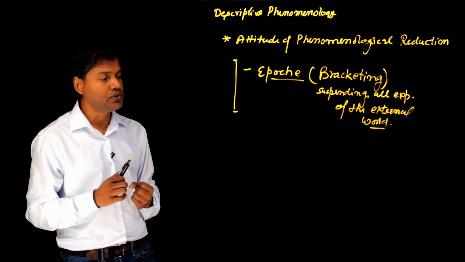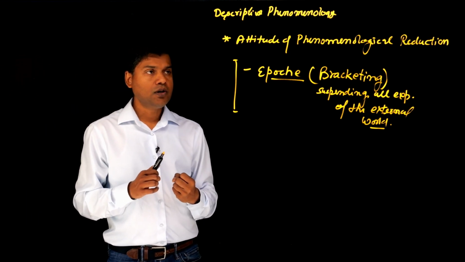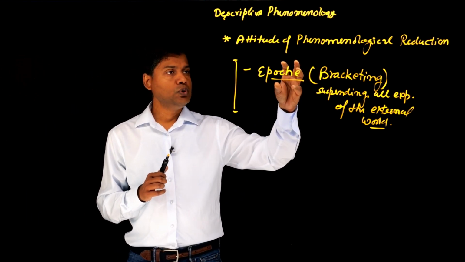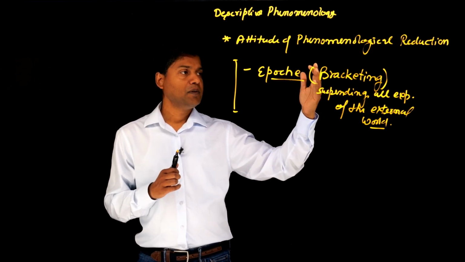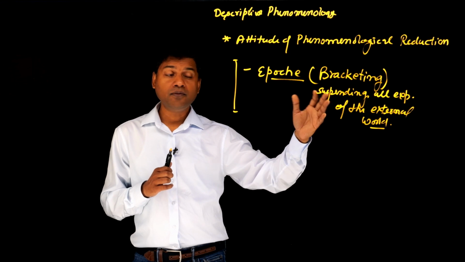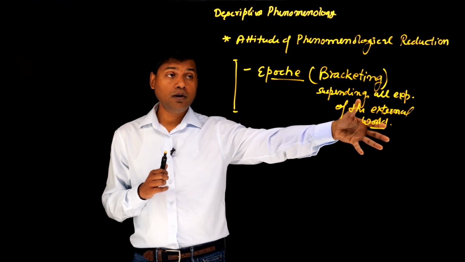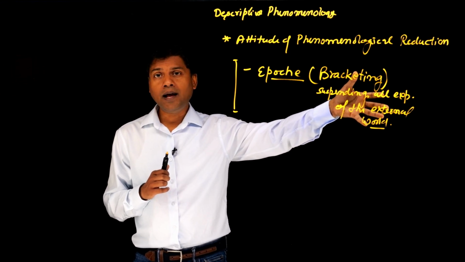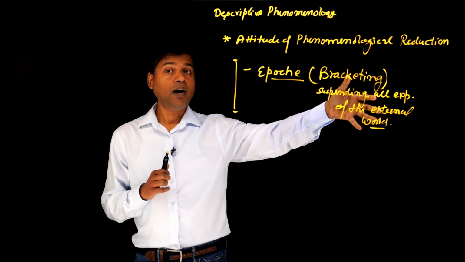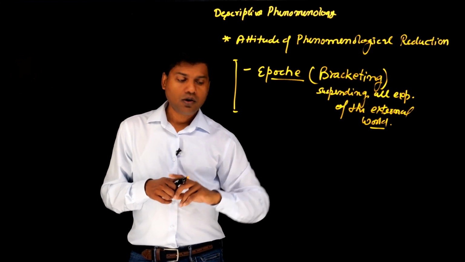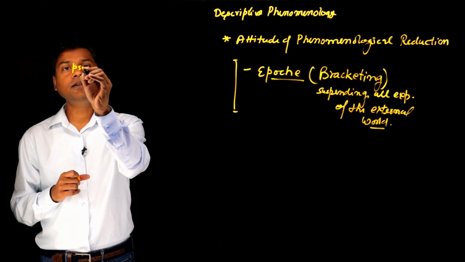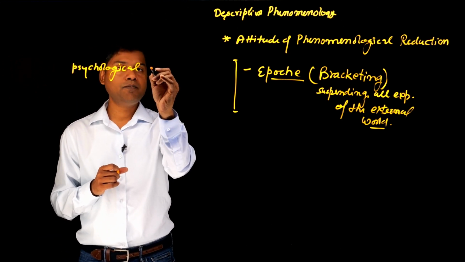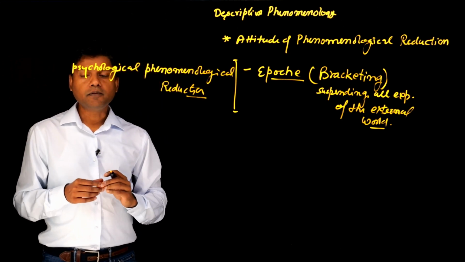We human beings are conscious. So doing an epoch where I can suspend all my prior perceptions and understanding of the external world is not feasible, as Husserl tried. So he talked about psychological epoch, or you could say bracketing. What does it mean?